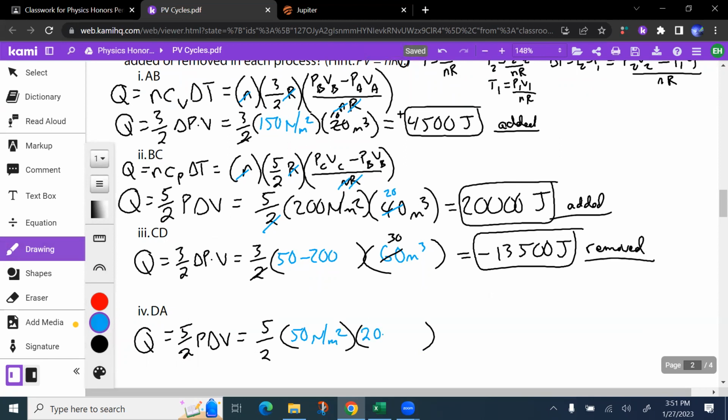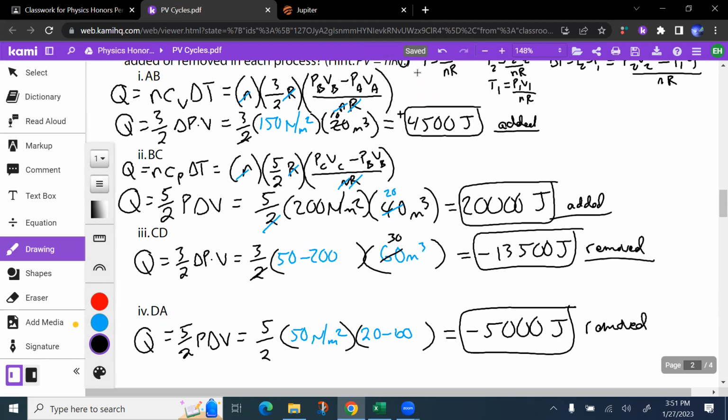So the change would be 20 minus 60, or negative 40. Half of that would be negative 20, times 50 would be negative 5,000 joules. Again, since the heat is negative, heat is removed during this process.